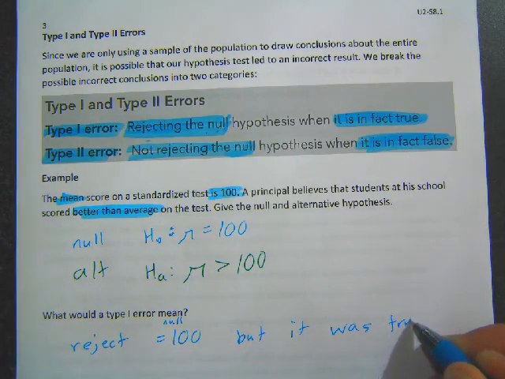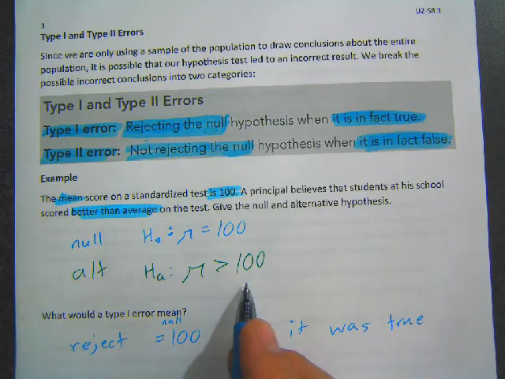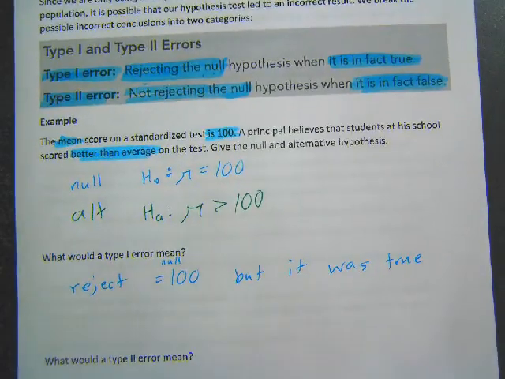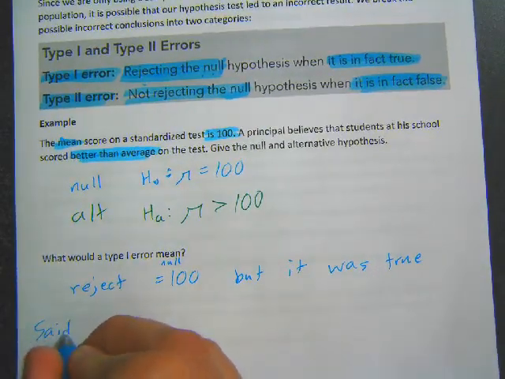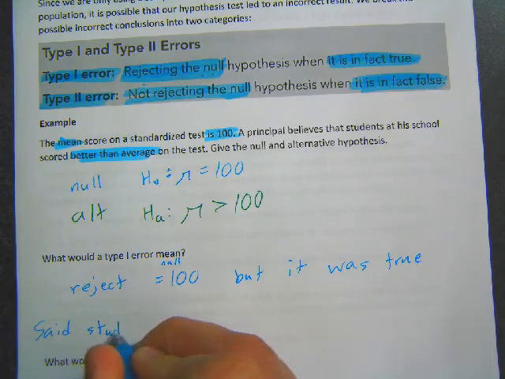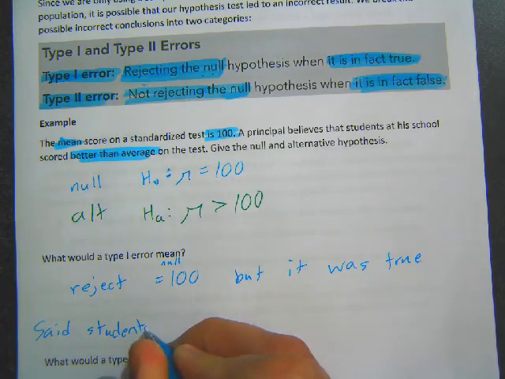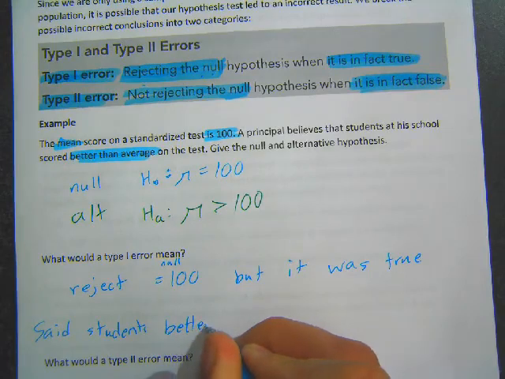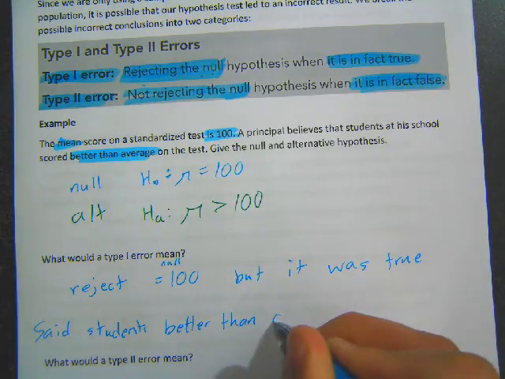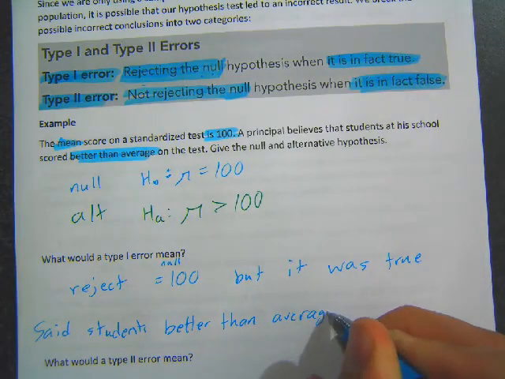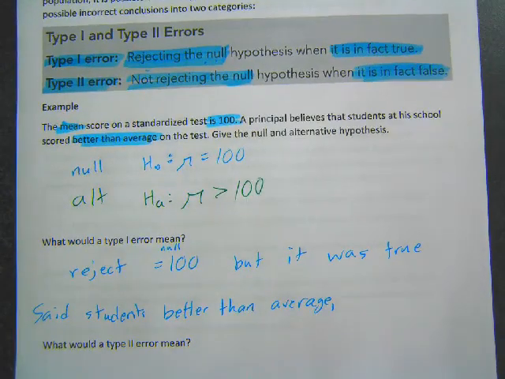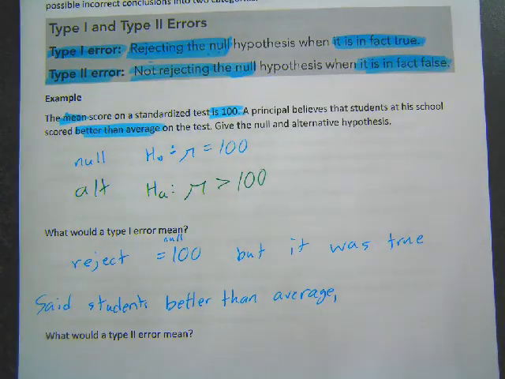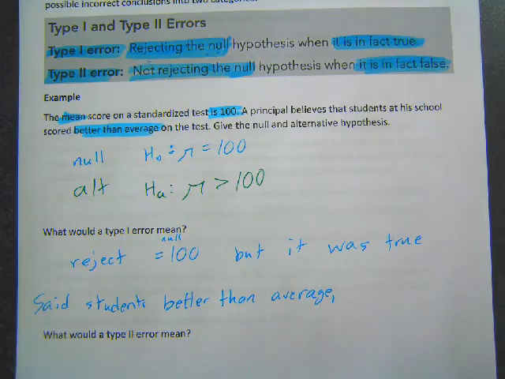So for him, this would mean he supported the alternative. He said his students are better than average, but they weren't. They were just average. And so now that might come back to bite him later when people look at the data and say, wait a second, you said your students were doing better than average, but they're not. They're just doing average.